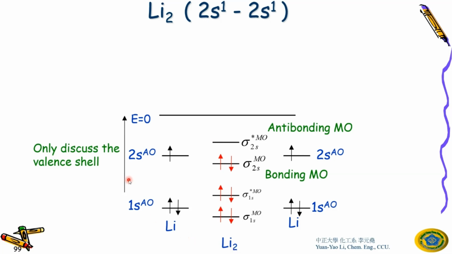However, as you know, when we talk about electrons, we always talk about the valence shell electrons only. We only talk about this part because this is the place where you have more chemical reactions. These 2 electrons take part in the chemical reactions. So we only discuss the valence shell electrons. In the future, we don't talk about the electrons in the inner shell.